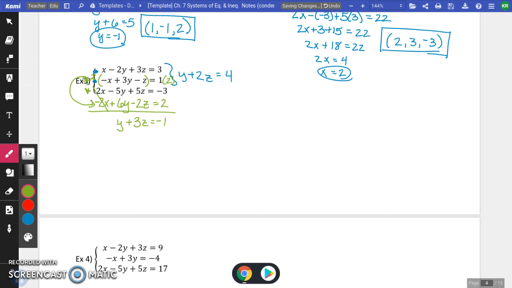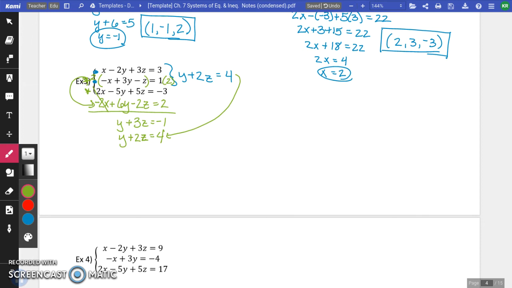So now what we've done is we have made a new system of equations by using this blue one we found first and this green one that have 2 variables. Okay, so now instead of working with 3 variables, we're working with 2 variables. So from here, I am going to get the y's to be opposites.